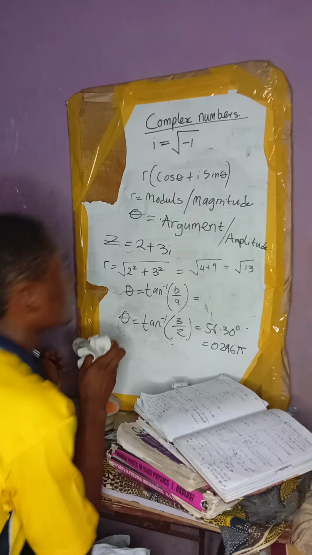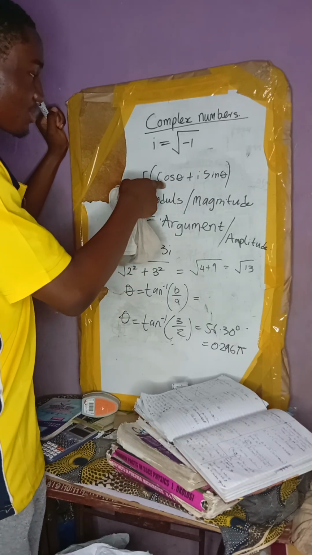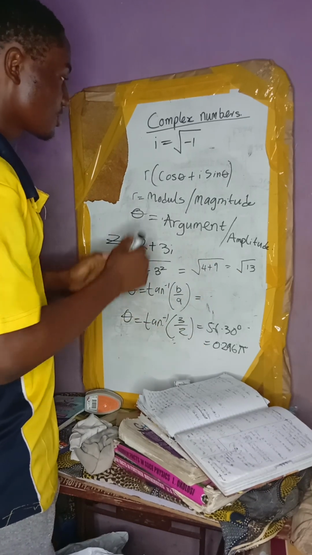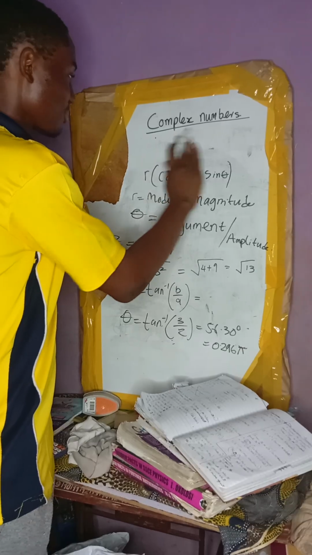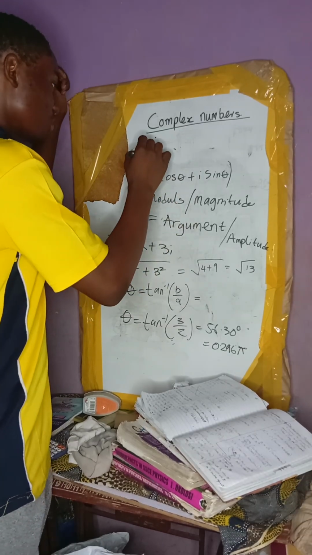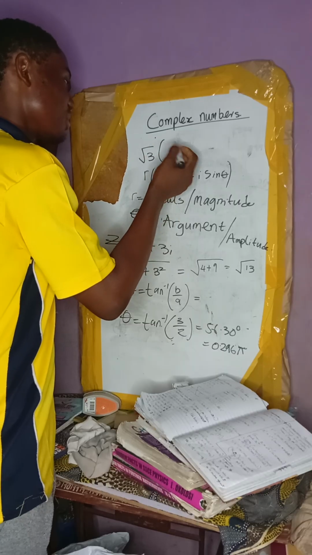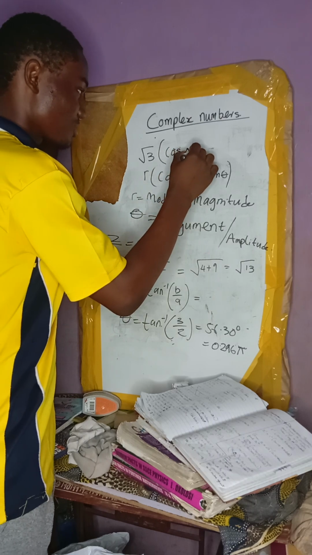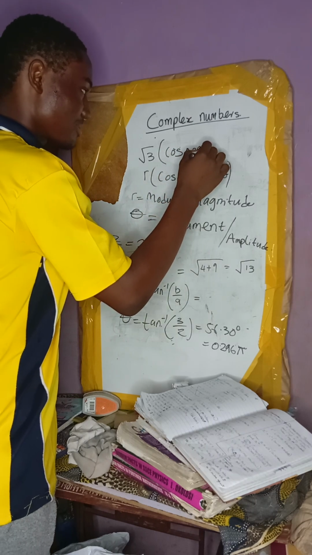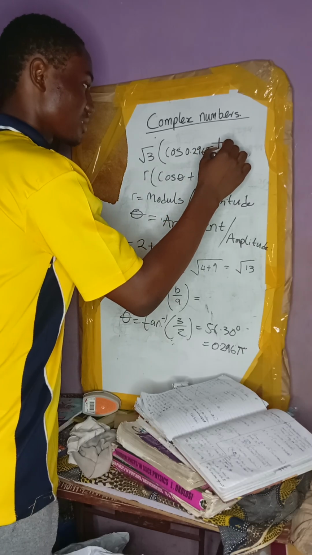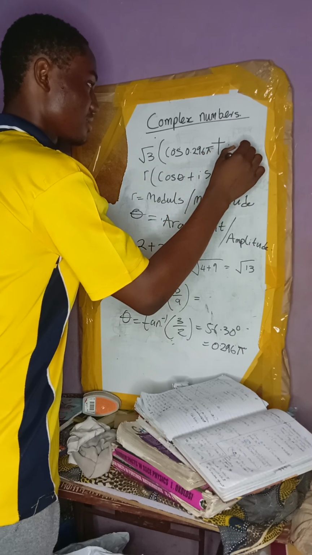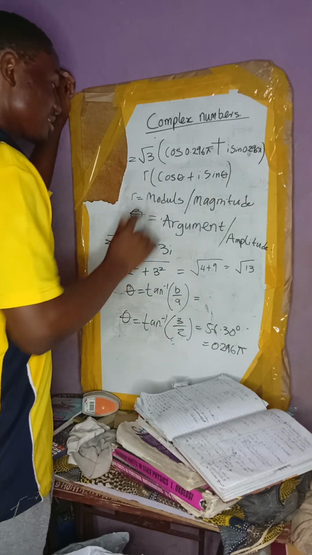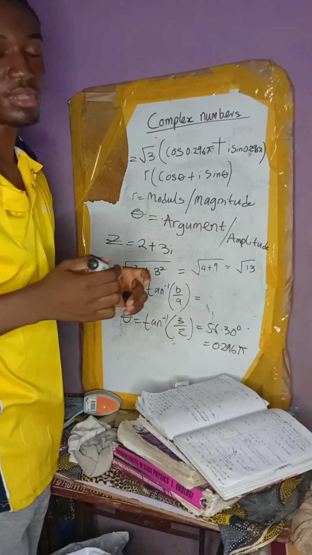So if you wanted to turn this into polar form now, we already have our r, we already have our argument. So in polar form, this complex number will be root of 13 all in brackets, cos 0.296 pi plus i sine 0.296 pi. That is how to turn it from Cartesian form to polar form.